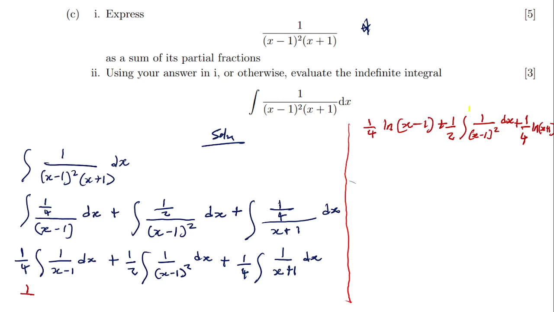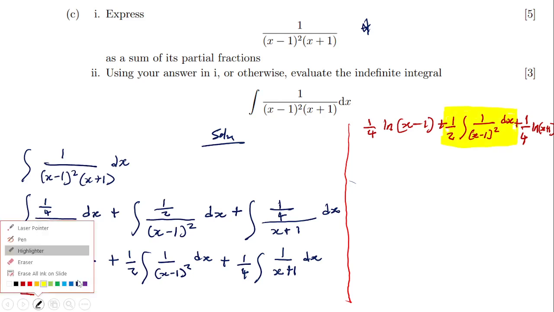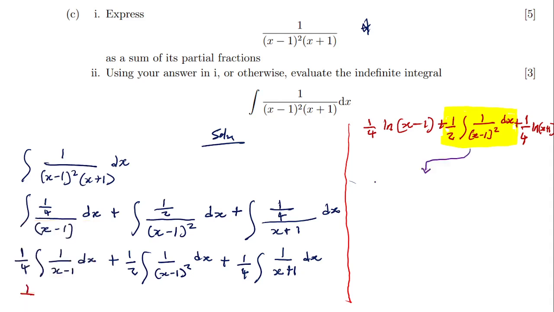For you to work it separately, you are going to introduce a new method, which is the substitution method. To integrate it, you need to use the substitution method. I'll just take it alone the way it is, which is 1 over (x minus 1) squared dx.